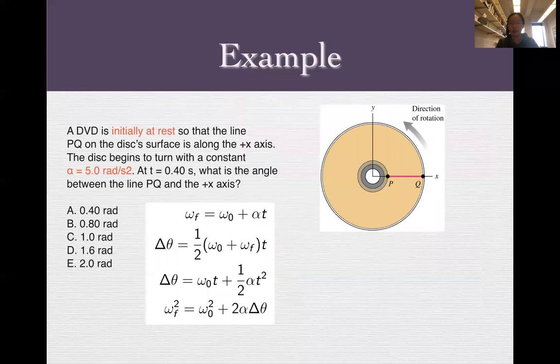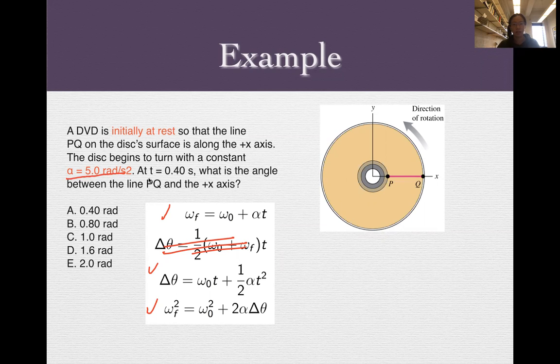Let's try out an example. Here I list all the relationships in case you don't remember them. You can ignore this one for now; we usually use these three. Say there's a DVD and there's a line PQ, and the disk begins to turn at a constant rate.